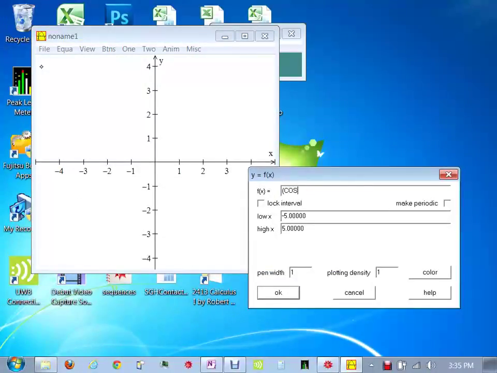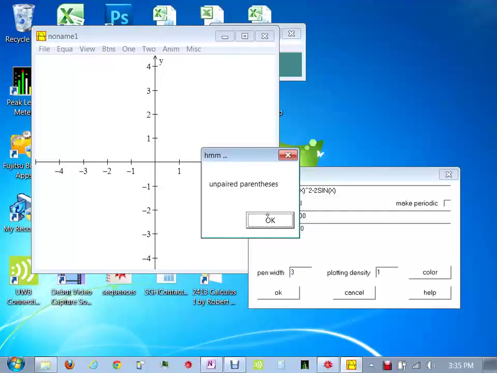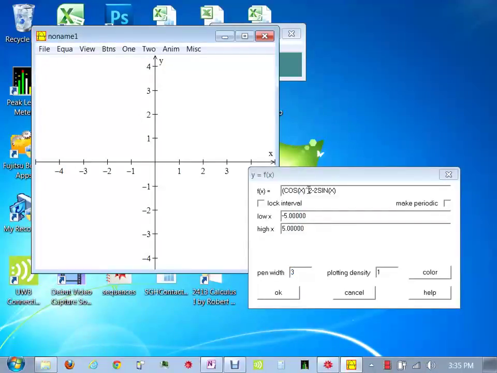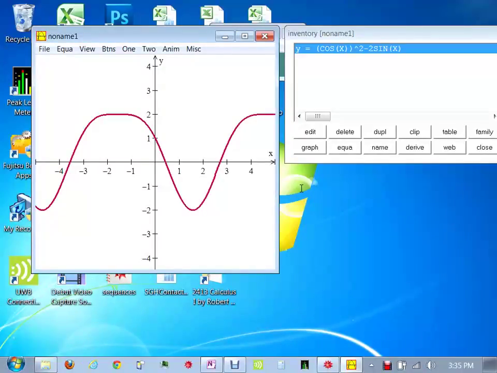What did we have here? Cosine x squared minus 2 sine x, there's the function.